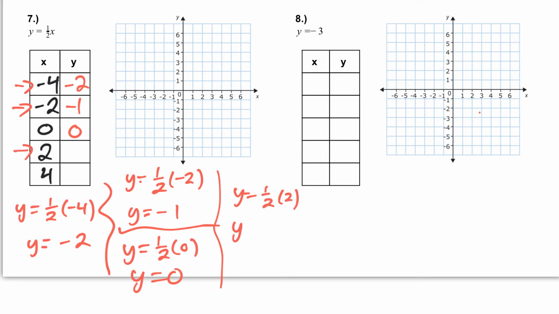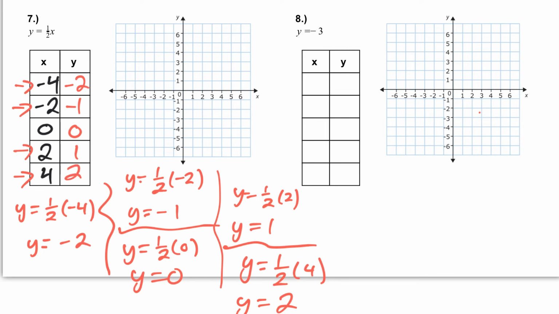And 1 half of 2, or 2 divided by 2, is going to give us 1. And lastly there, if we plug in 4 for x, y is equal to 1 half times 4, or 4 divided by 2, is 2. So there's our last point, the point 4, 2.